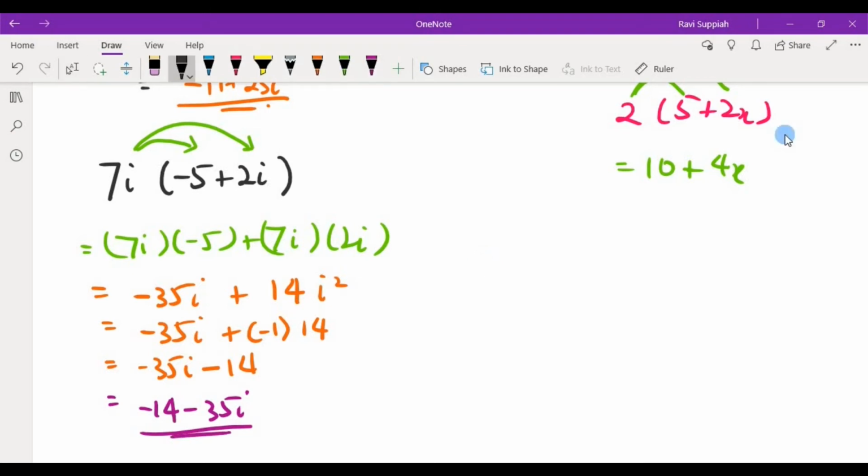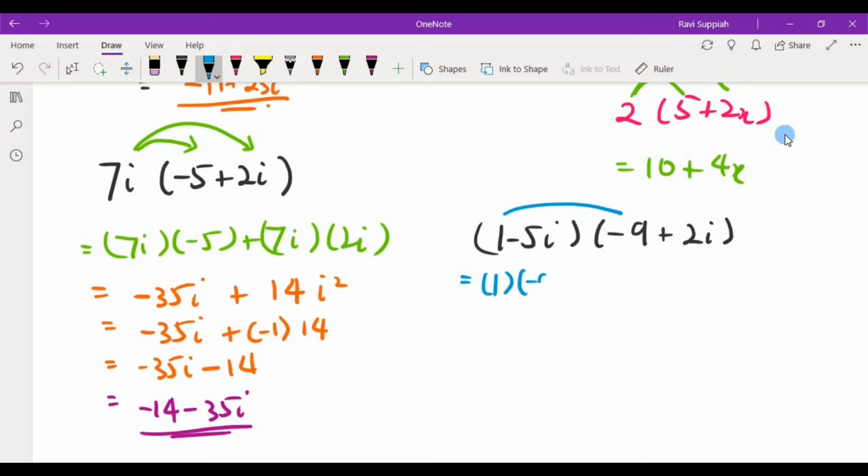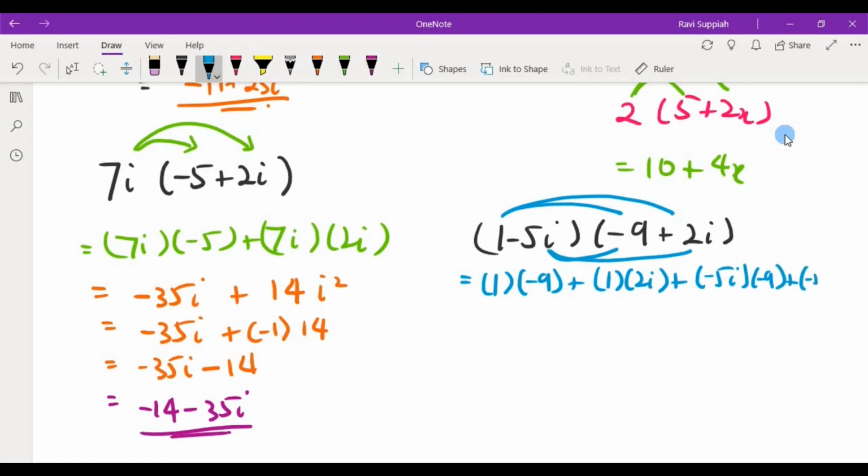Let's try another sum now. 1 minus 5i multiplied into minus 9 plus 2i. So we're going to take the same approach. We're going to do the expansion first. 1 times minus 9, plus 1 into 2i, plus negative 5i and negative 9, plus negative 5i and 2i.